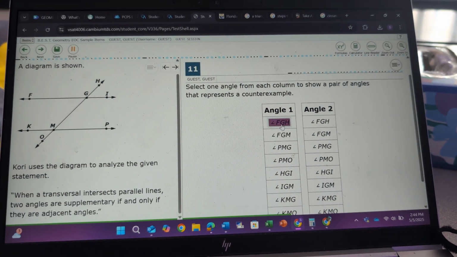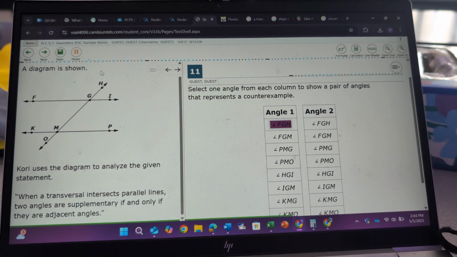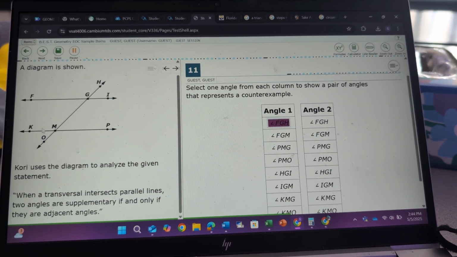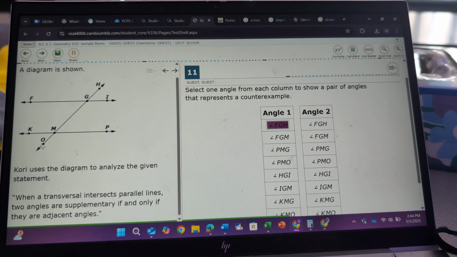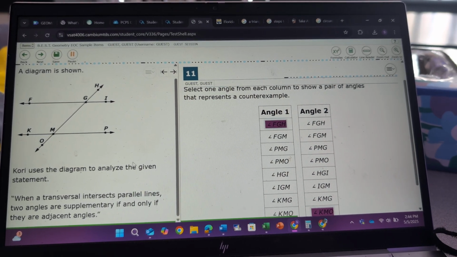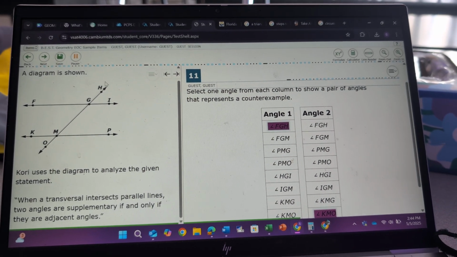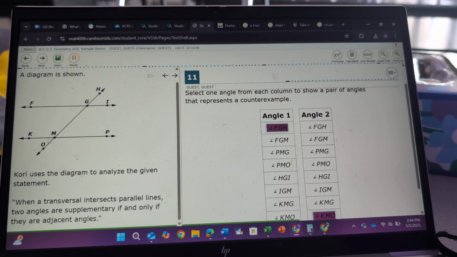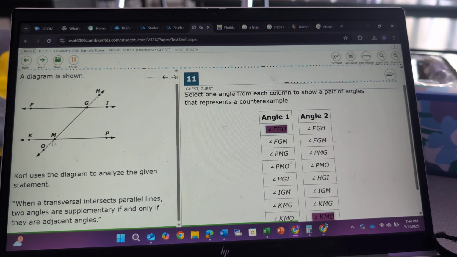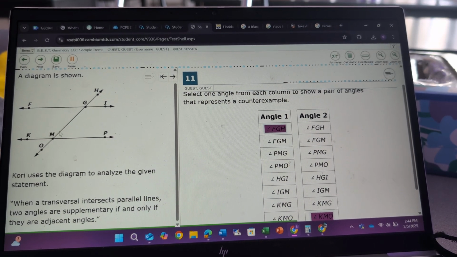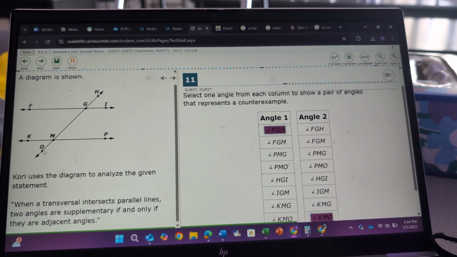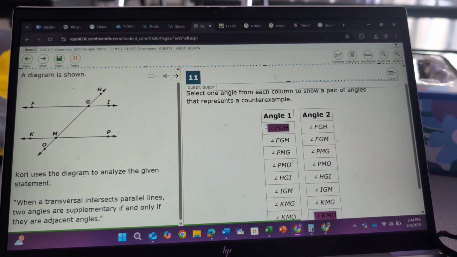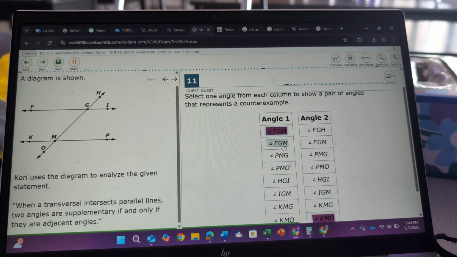So let's say if we were to pick FGH, let's look at its corresponding angle, and then KMO would make a supplementary angle. If we put this angle up here with its corresponding angle, then KMO would be adjacent to that corresponding angle and make that straight line or supplementary angle. So we can match those two up as an answer.